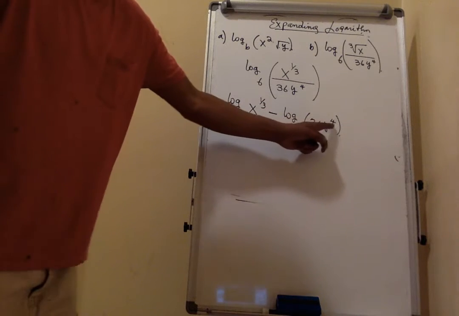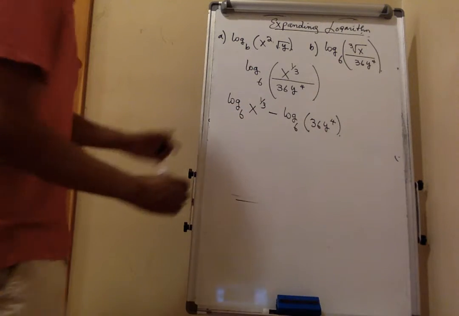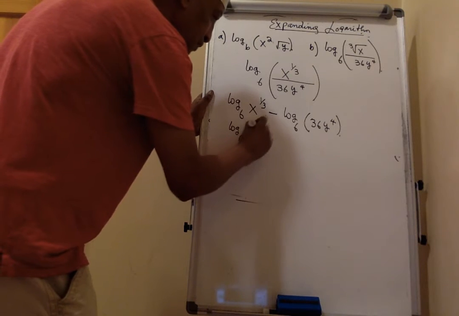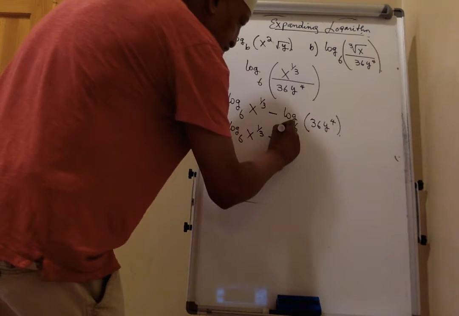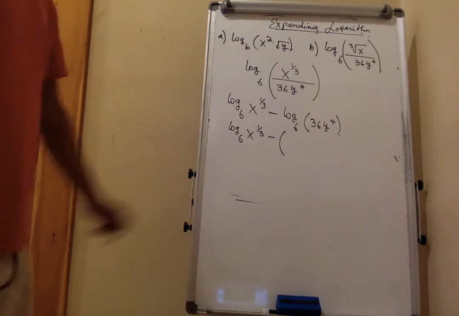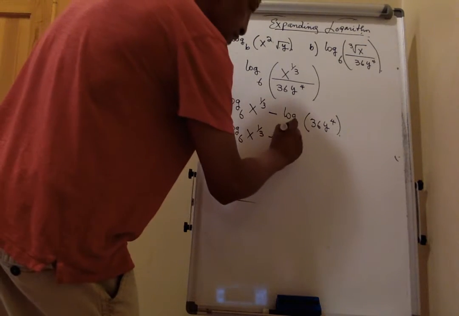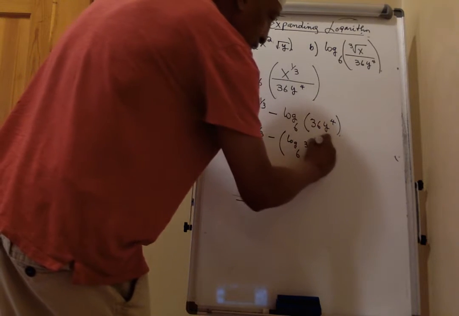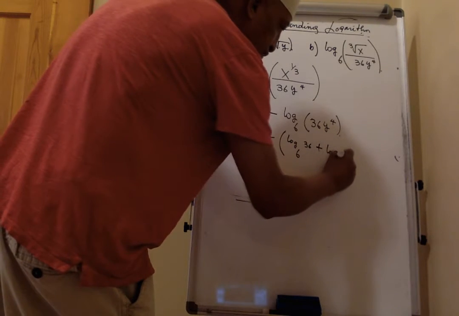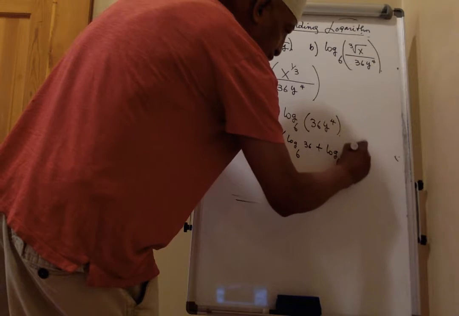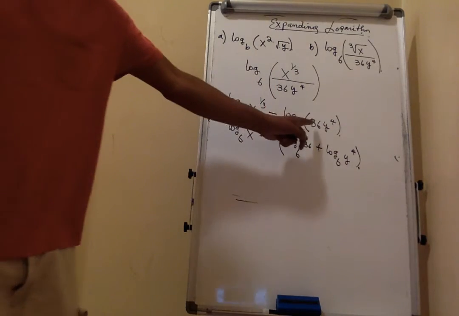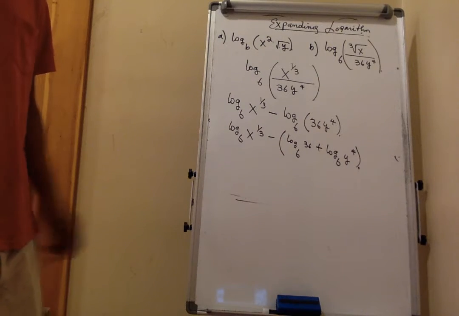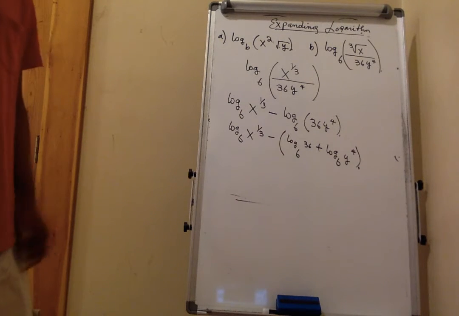But this one has two values. So I'm going to do log 6 of x to the power of 1 over 3 minus, so you have what? Log 6 of 36 plus log 6 of y to the 4th. Mind you, I'm using now the product rule for 36 and y to the 4th, but this is minus, right?